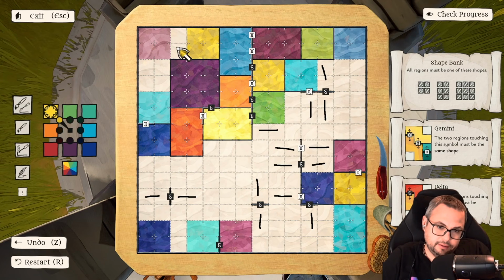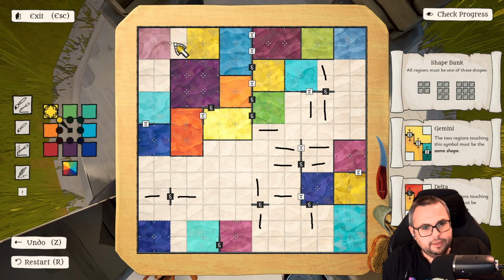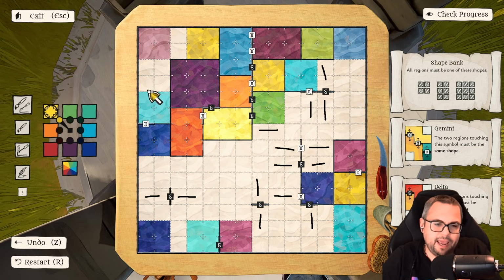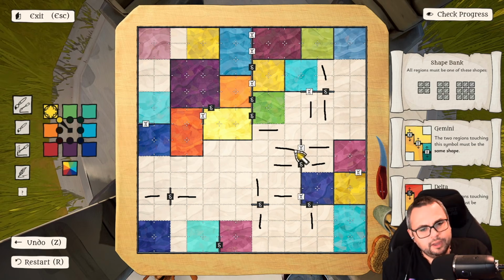Something comes here. How am I possibly going to resolve what? I guess what's ultimately going to happen by uniqueness is that this is going to have to be 3 2x3s.